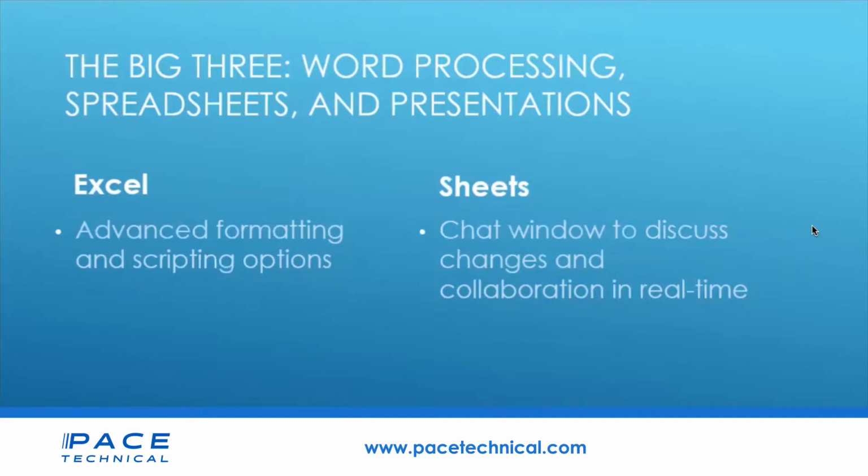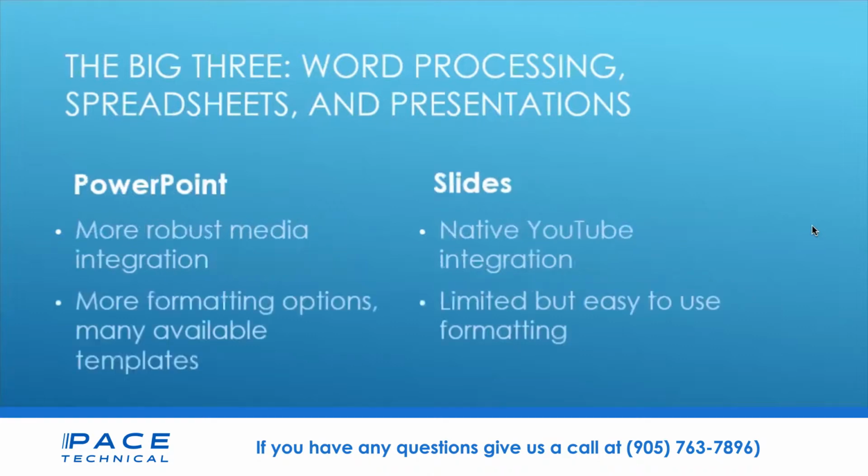So Sheets is definitely for simple data collaboration, whereas Excel is where you're going to get all those other nice integrated features and options. Going on to the third one, it is PowerPoint versus Slides.